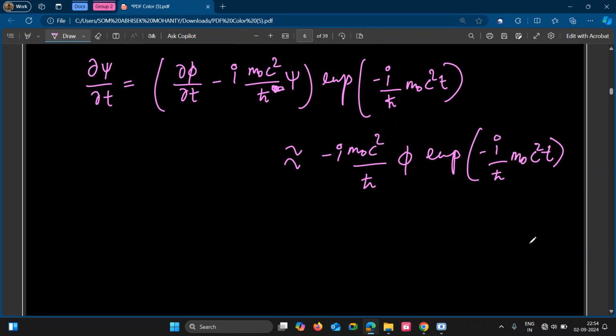If I take the double derivative, I will get del square psi by del t square.